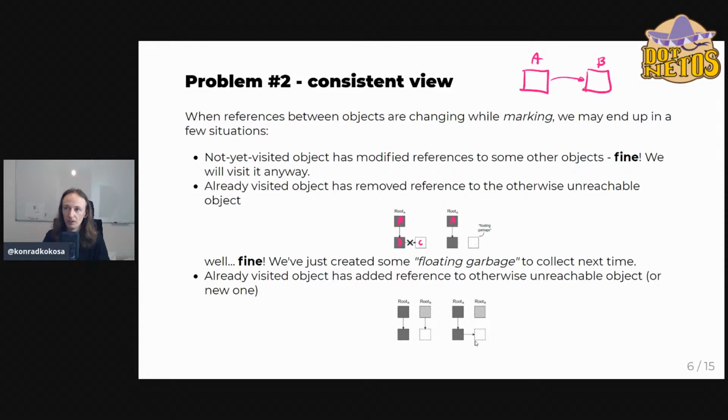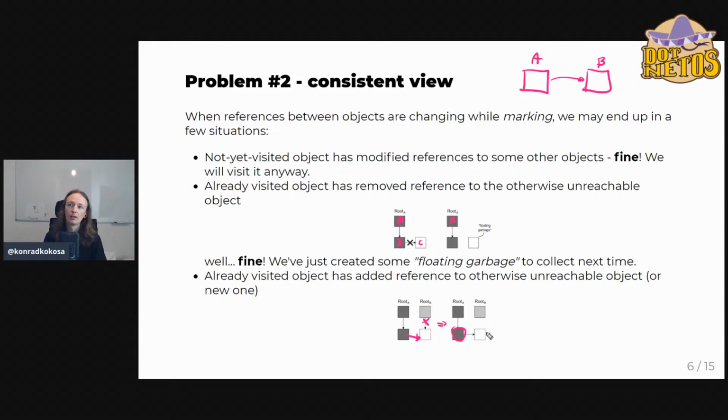So instead of this situation, all of a sudden, in the code we have removed these references and we assigned this reference. And in this case, we end up with this situation. We have an already visited object that now points to an object that is not reachable from any other place.